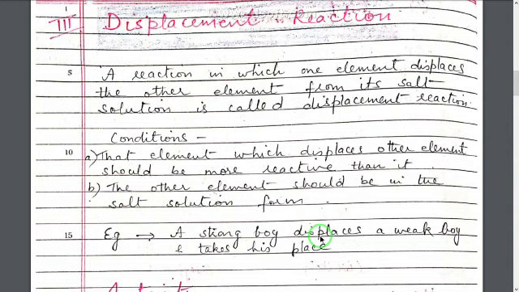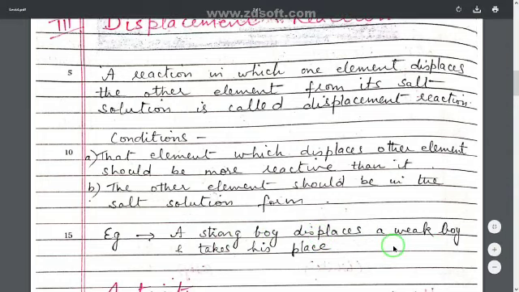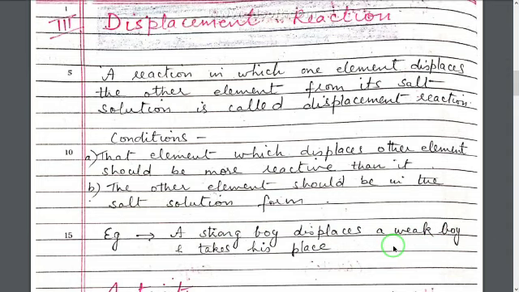If one element is stronger, means more active than the other element, it can displace the other element from its salt solution. Just as a stronger boy pushes a weaker boy from his place, in this way we can explain displacement reaction.